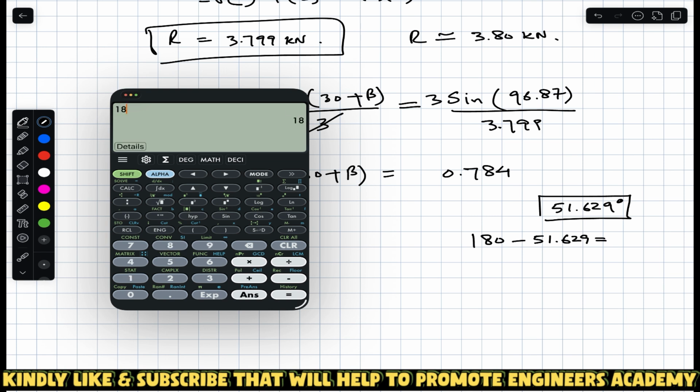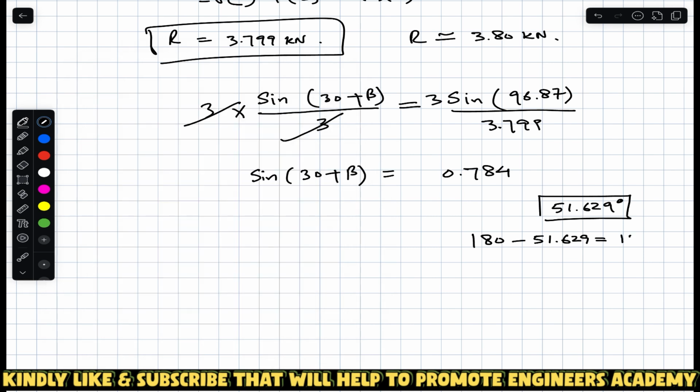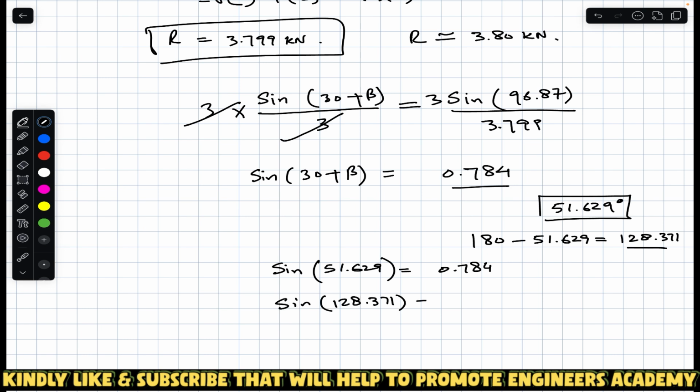So 180 minus 51.629 is equal to 128.371. Now the sine of 51.629 is equal to this, and sine of 128.371 is also equal to 0.784.